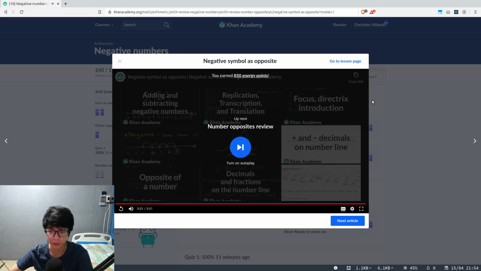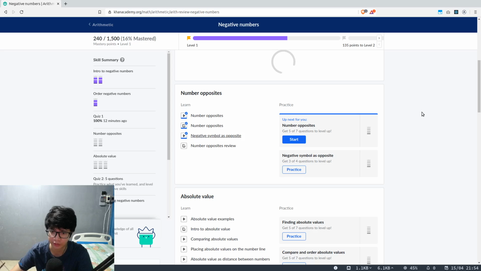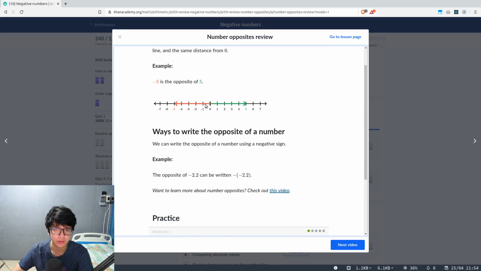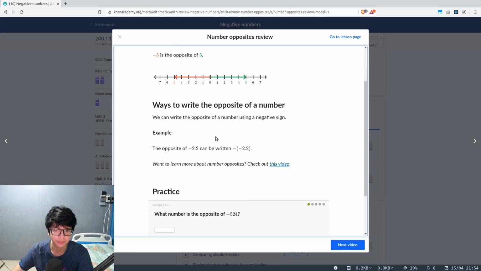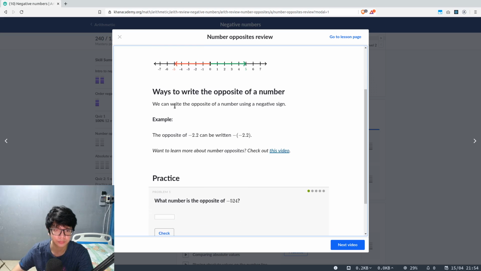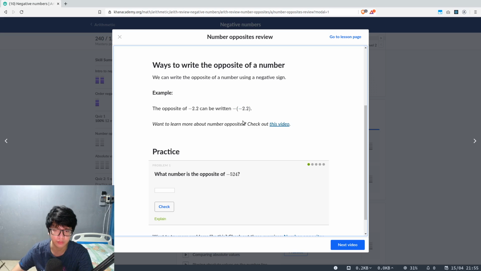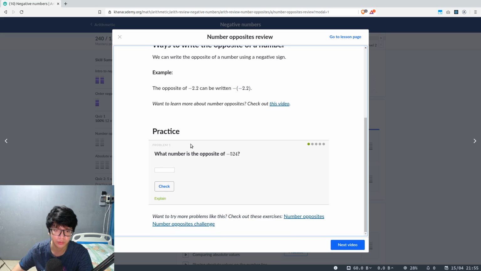Cool. I wish you could have drawn the number line. It's a pretty sick animation. What's the opposite of a number? And opposite of a number is a negative sign. The opposite of negative 2 can be a negative of negative 2.